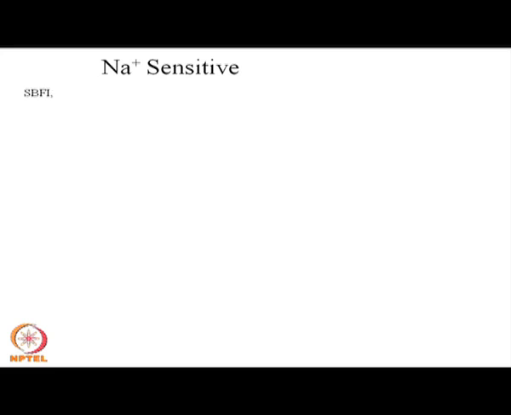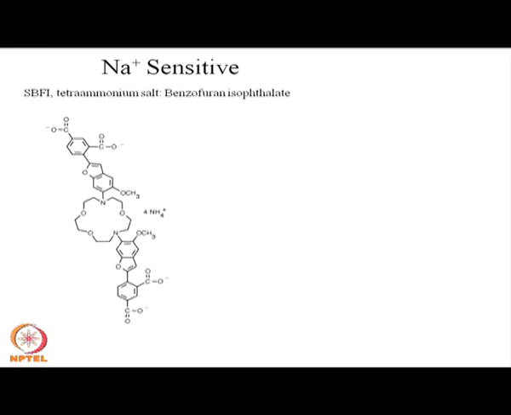Sodium plus sensitive, it is a very interesting case. It is a benzofuran isothalate based system. The structure is like this: isothalate and benzofuran, and these two rings are connected by this crown ether like cavity containing 2 nitrogen over here.